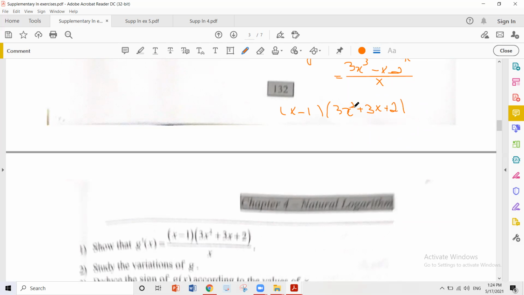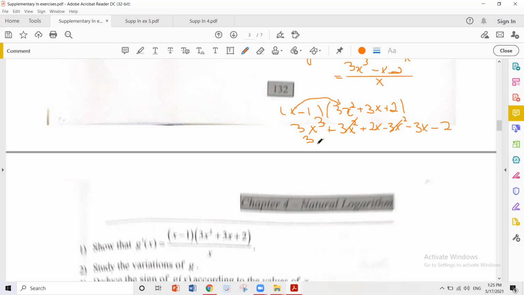If we expand, x times 3x squared is 3x cubed, plus 3x squared, plus 2x, minus 3x squared, minus 3x, minus 2. 3x squared minus 3x squared cancel.